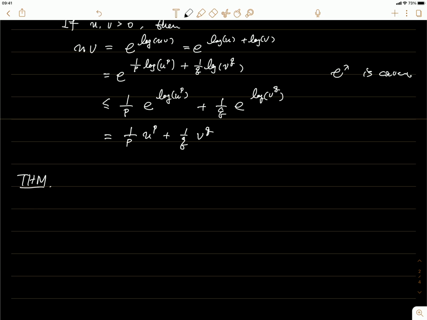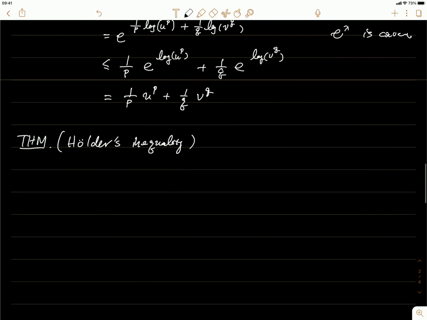Next inequality is pretty famous. It's called Holder's inequality. Okay, so what it says is that if p is in 1 to infinity, q is its conjugate.